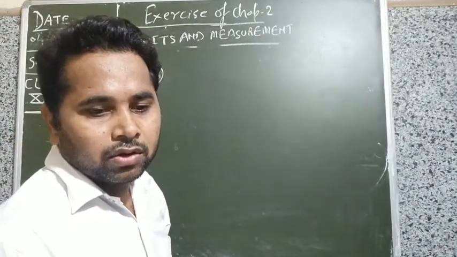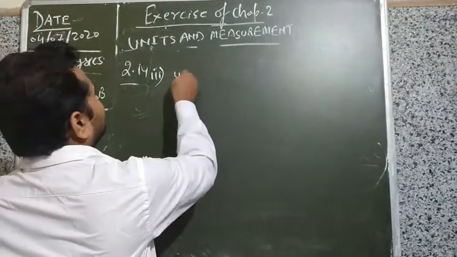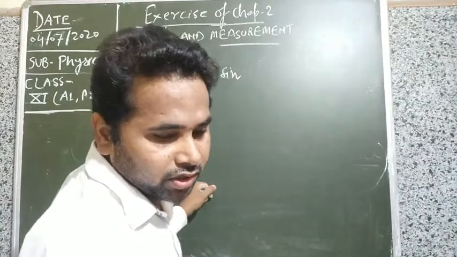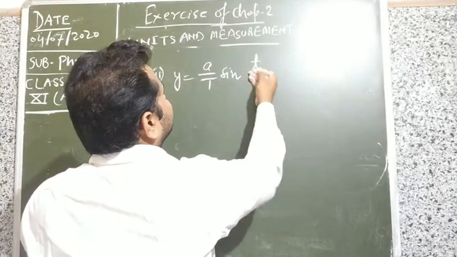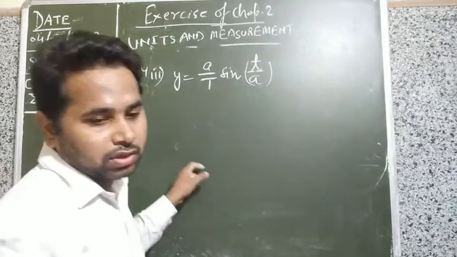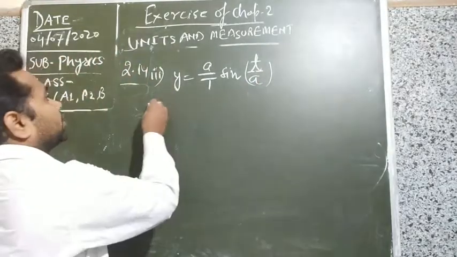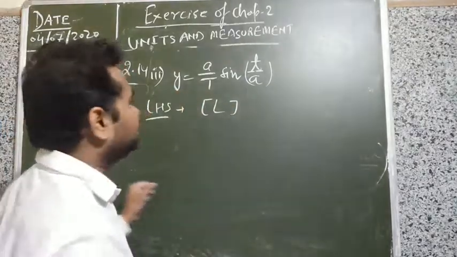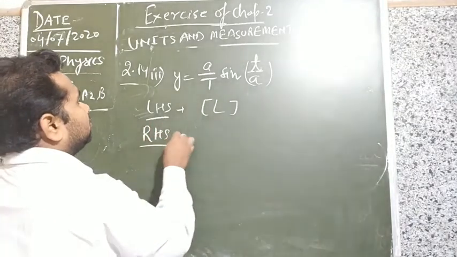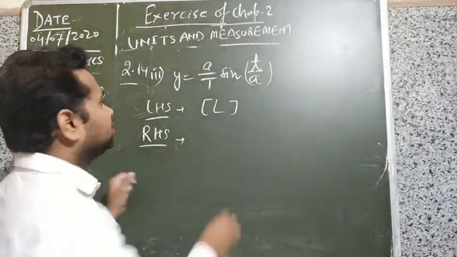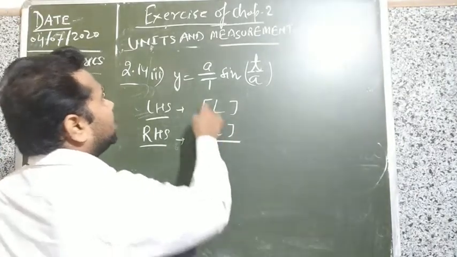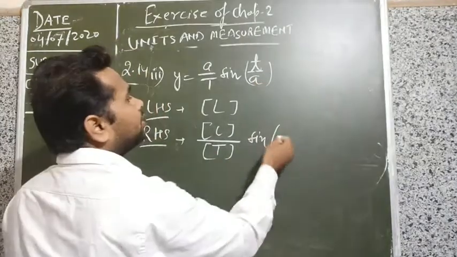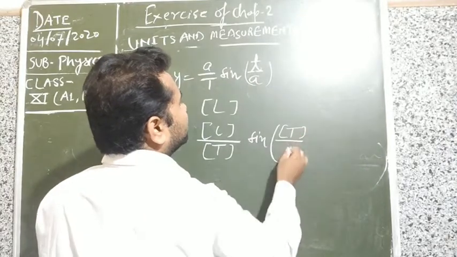Third is y equals a by t sin t by a. This is the question. Again, the left hand side dimension is L because y is displacement. On the right hand side, A means displacement, that is L, and t is the time, and inside the sine we have t for time and a for displacement.